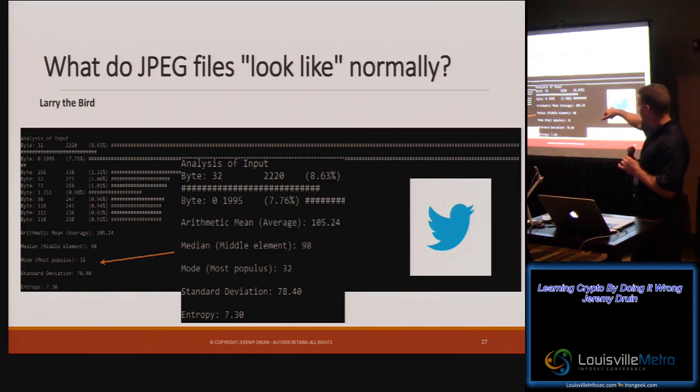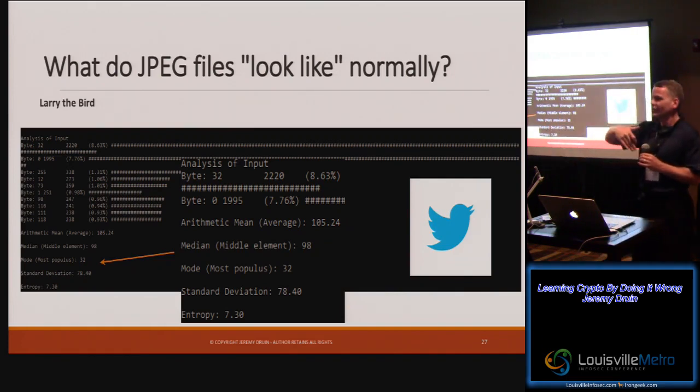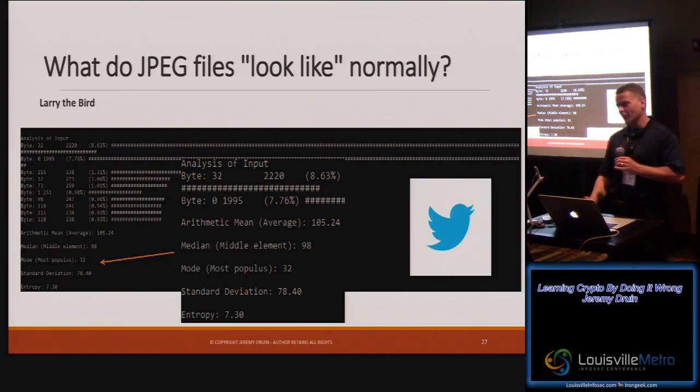But what's interesting is that byte 0 was still in second place. And the numbers are way off too: byte 32 is 8.63%, and byte 0 is 7.76%. So even though byte 0 came in second place, it's a much larger portion of the file than it was even in the ones where byte 0 got first place.